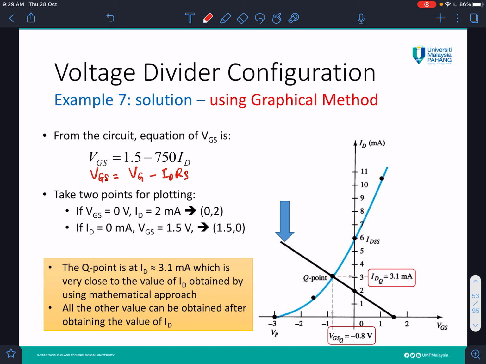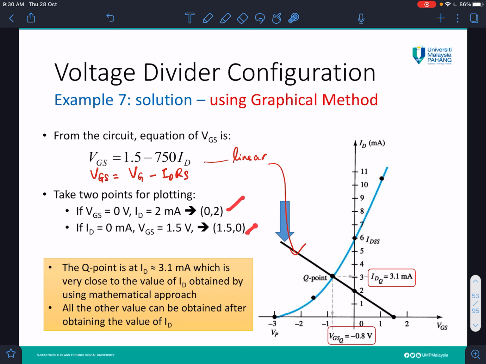This is a linear equation, and you can get a linear line like this. So take 2 points for plotting. If VGS is 0 and you calculate ID, you get 2 here. And if ID is 0, VGS equal to 1.5. So these points are from this equation.